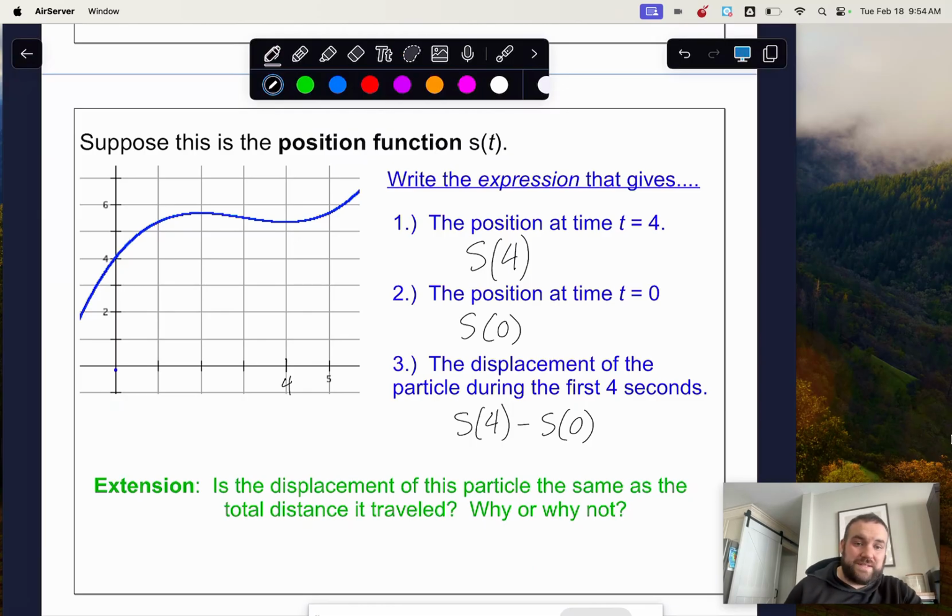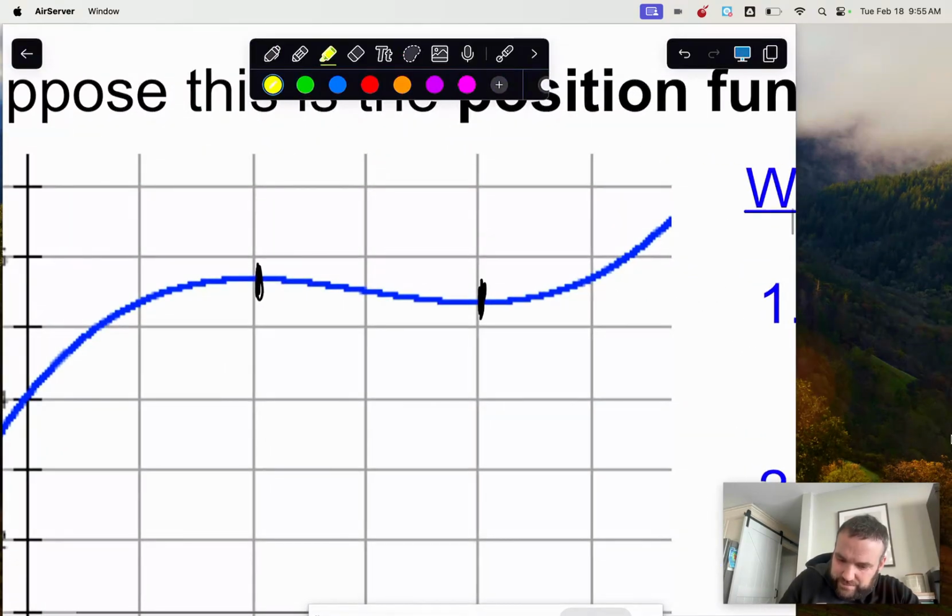You can see down below the extension says, is the displacement of this particle the same as the distance it traveled? And the only time that's going to be true is if the particle is moving in a positive direction at all times. You can see from time 2 till time 4, there's a slight backwards movement. You can see that the slope of the position curve is negative, meaning that the velocity is negative.